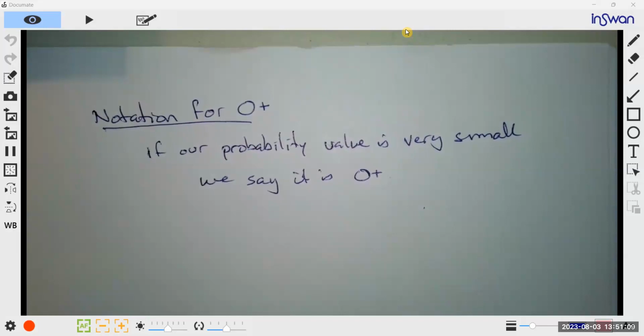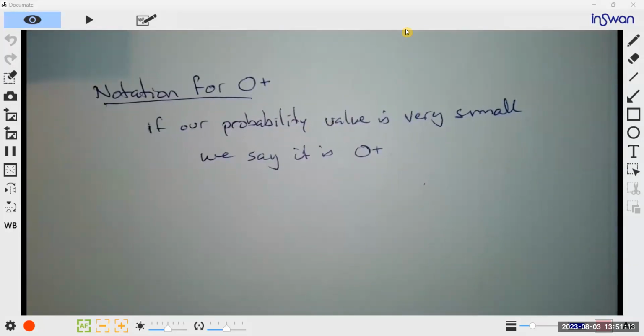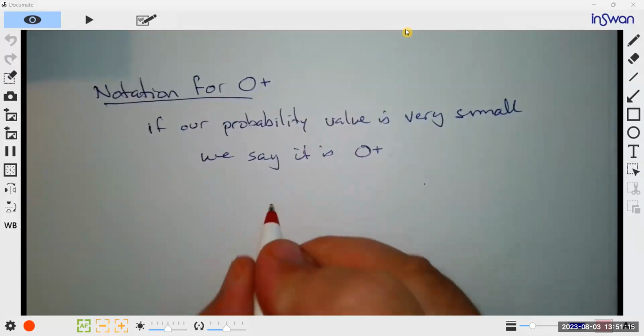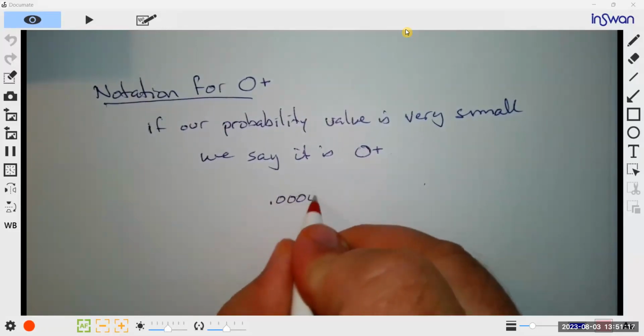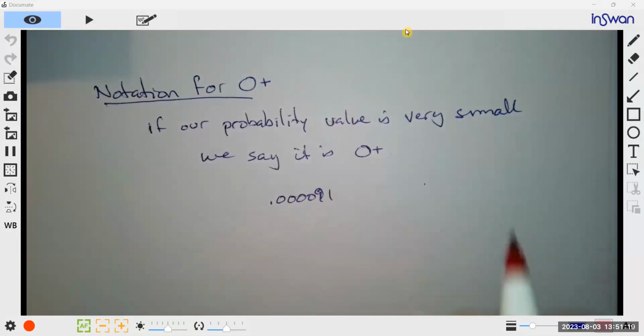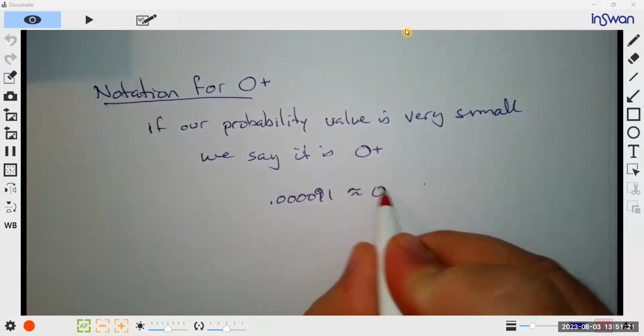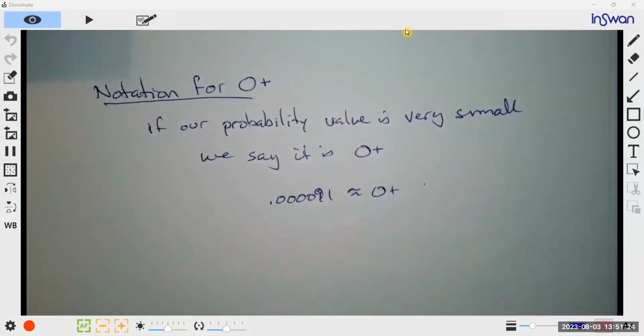That means it's on the bigger side of 0, but we won't write those small decimals like 0.000091. That's 0 plus.